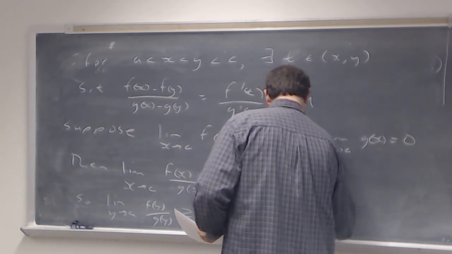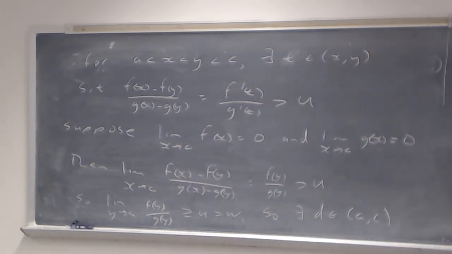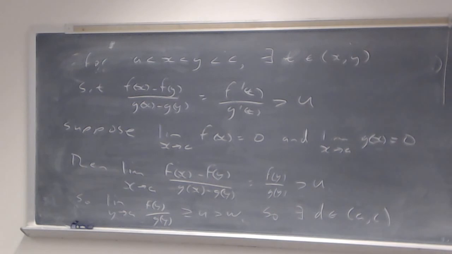So, there exists a D, an element from a to c, such that for all x, an element from a to D, f(x) / g(x) will be greater than w.